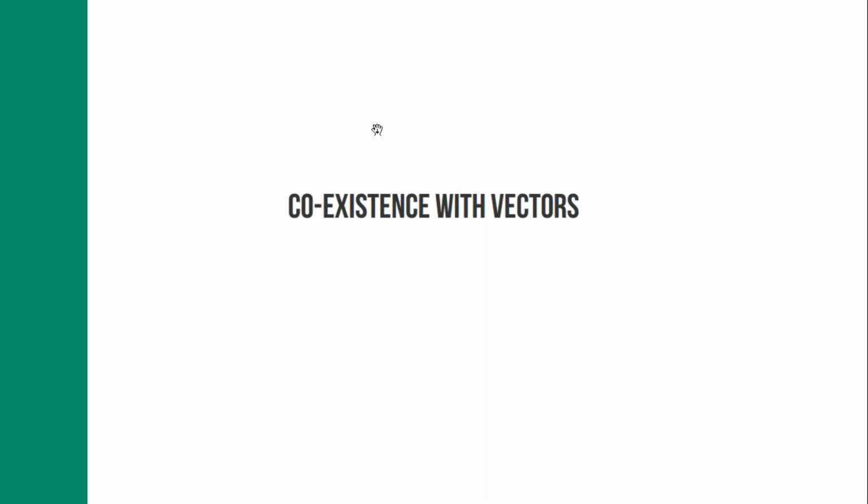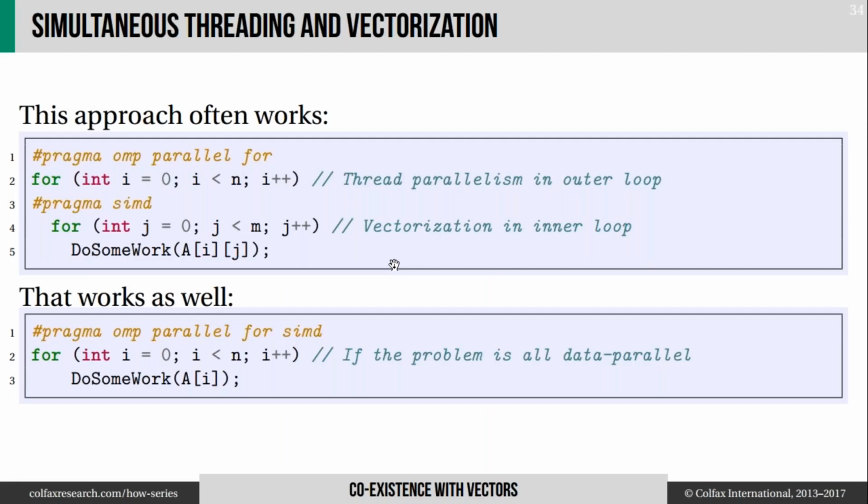I want to connect what we talked about today to yesterday's topic and discuss the coexistence of threads and vectors. I mentioned that in Intel processors, you have the CPU, and inside the CPU, you have cores possibly presenting themselves as multiple logical processors.